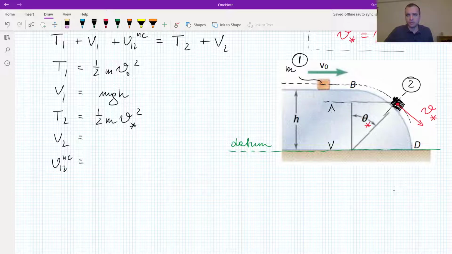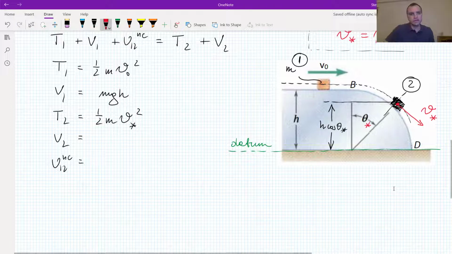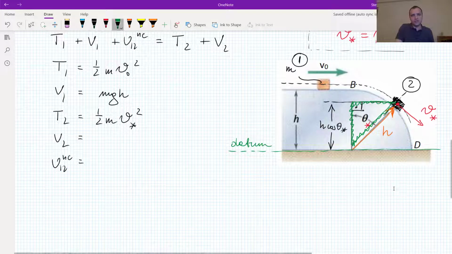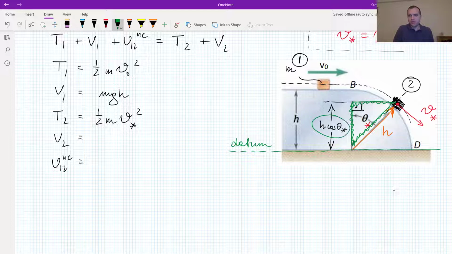H cosine theta star. How do I know that? Because I know that this vector is h, and if you have a look at this green right triangle, because in here we have a right angle, you can clearly see that this side has length h cosine theta star.